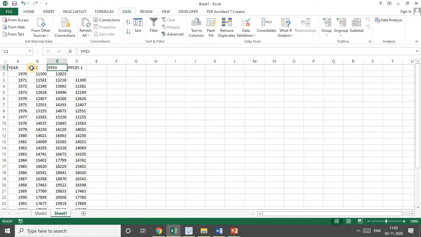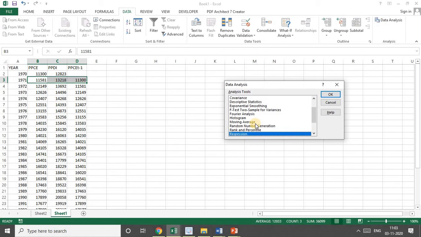So how can we estimate it? Now look at this: this is the dependent variable, this is the independent variable, and this is the lagged value of the dependent variable. The data is only available from here onwards. So we go to Data, Regression.